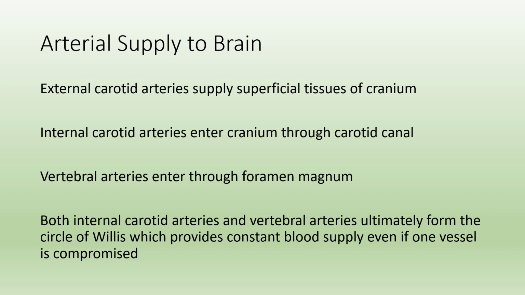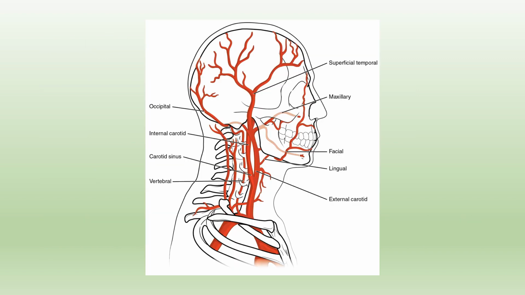Now, both your internal carotid arteries and the vertebral arteries, once they're inside the cranium, will eventually come together and form what's known as the circle of Willis. The purpose of this is that it will supply a constant supply of blood, even if one of the vessels gets compromised. If one of them narrows or gets a blockage, you will still be able to get blood to the brain for survival purposes.